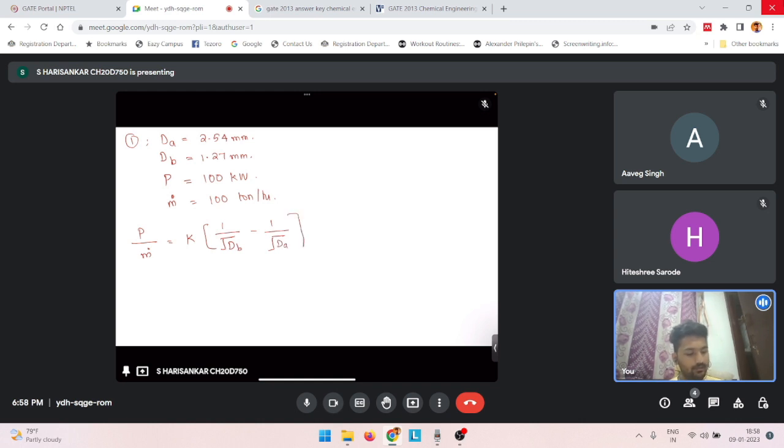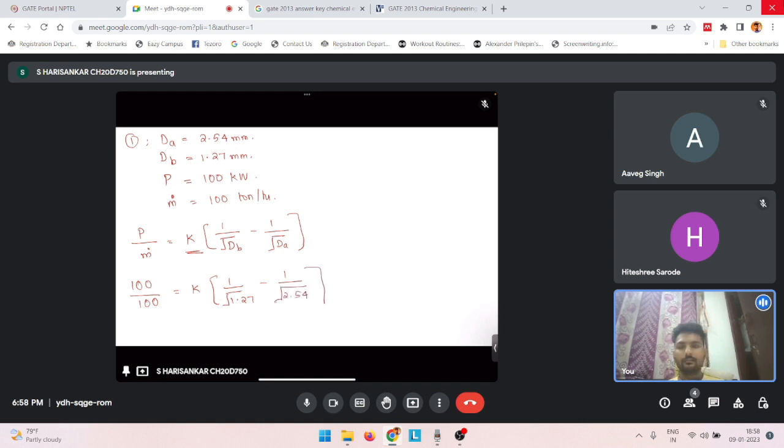And here we have all the values except for this constant K. So what we need to do here is substitute all these values and find the constant K. So substituting, we can write 100 by 100 is equal to K into 1 by root of 1.27 minus 1 by root of 2.54.